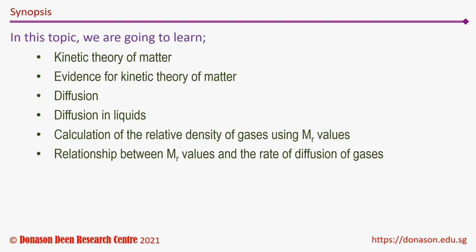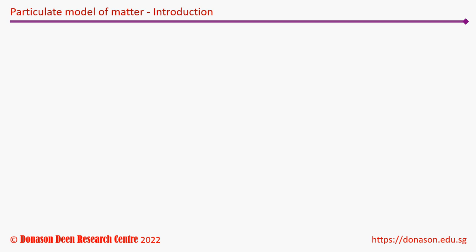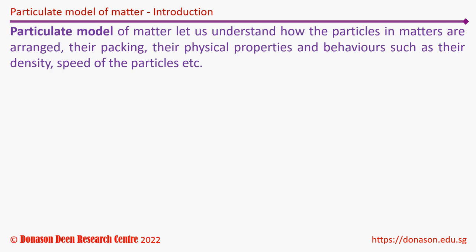And then we will examine the relationship between the Mr values and the rate of diffusion of gases. So the lower the Mr values, the faster the gases are going to diffuse. So we're going to look at that. And then last we will look at what is the meaning of dissolving, and as we examine the process of dissolving. So those are the things that we're going to look at.